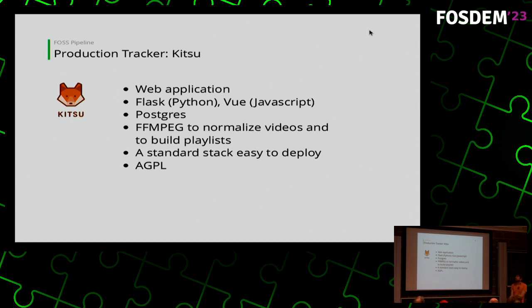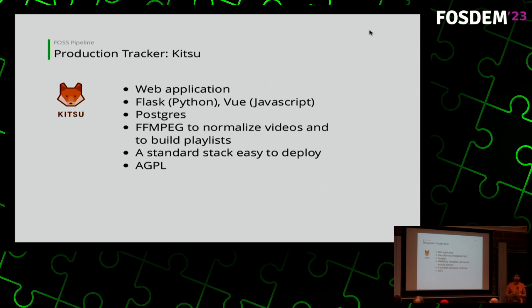We rely a lot on FFmpeg to normalize all the videos that are passed through Kitsu. Currently, we don't do crazy stuff with it. The only cool thing we do is that we push every FFmpeg job into a HashiCorp Nomad cluster.